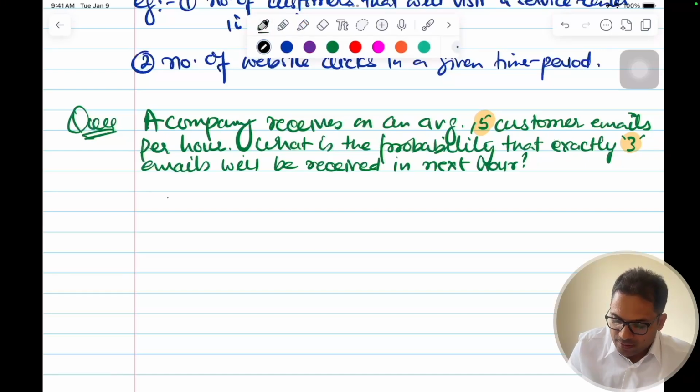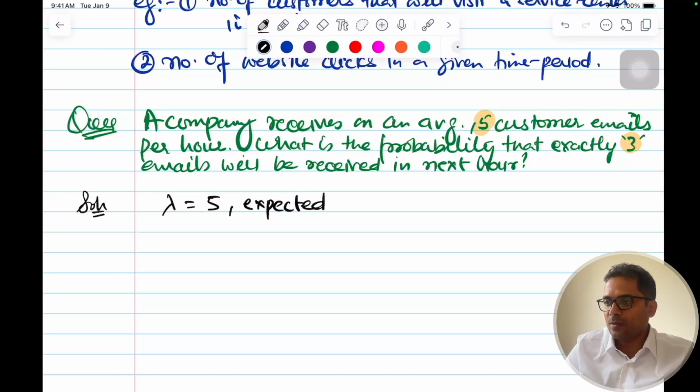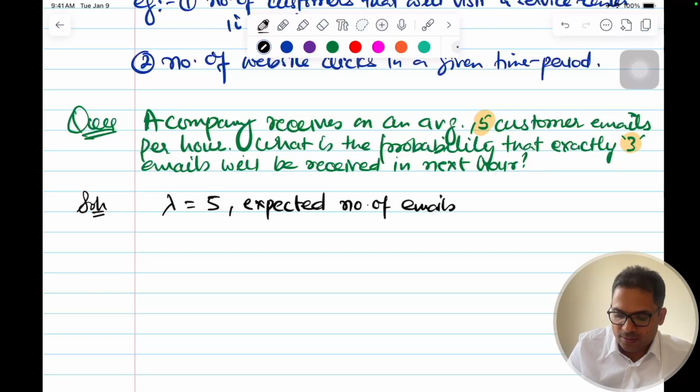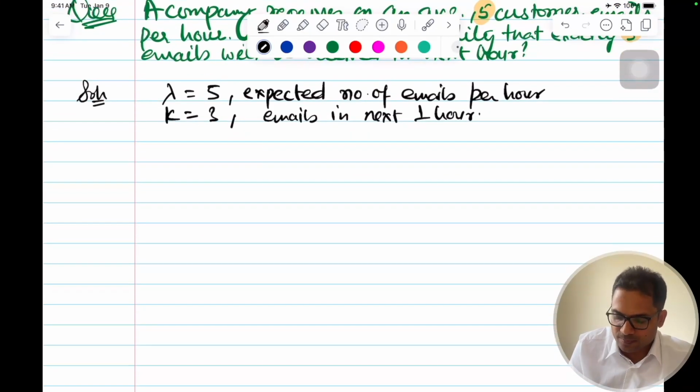So what all things are given here? Solution. Lambda is equal to 5, that is the expected number of emails per hour, and k here is 3. We want to find 3 emails in the next 1 hour. So what is the probability?